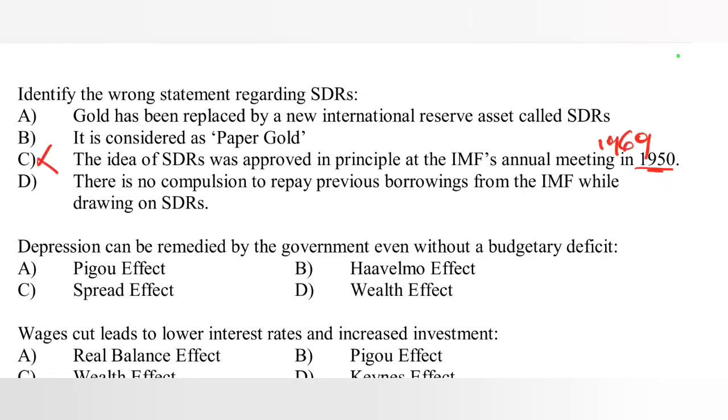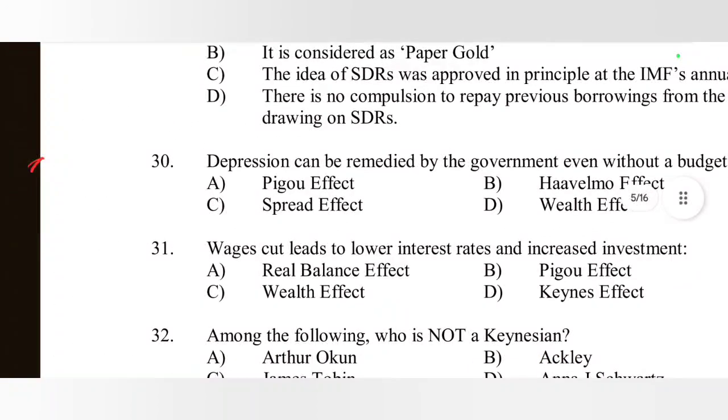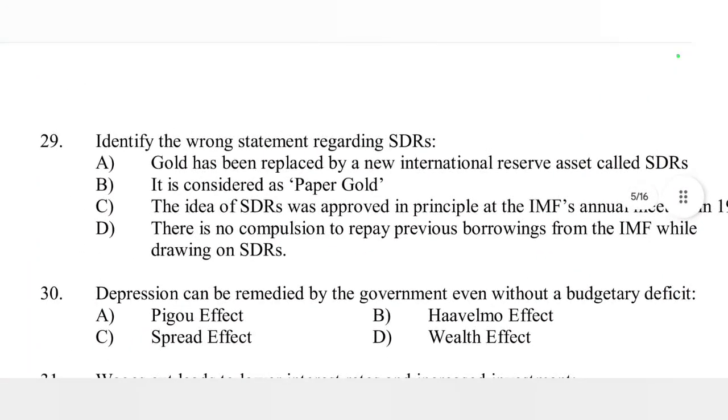So option C is incorrect. Then option D, there is no compulsion to repay previous borrowing from the IMF while drawing on special drawing rights. Yes, this is also right. So the wrong statement is option number C. So here C is the right answer.